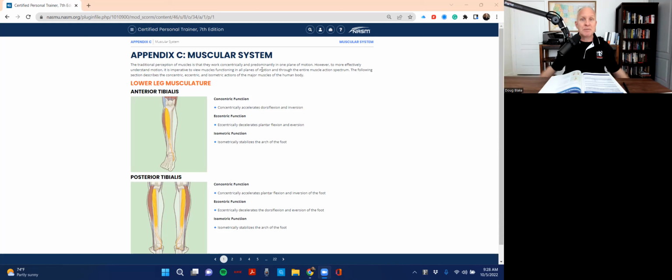So the frontal plane, abduction, adduction, transverse plane, rotational movement. That's the classical way of understanding human movement, and there's nothing wrong with that.